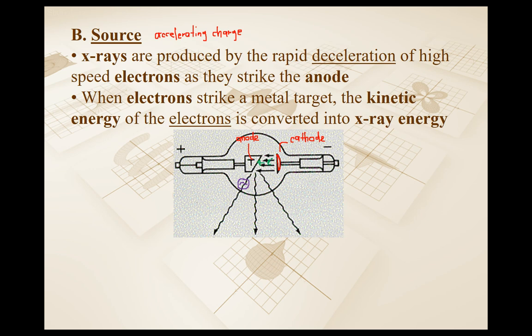If you have a second, and by the way, there's going to be way more than one electron going across the tube, but if you have another electron go across the tube, I suppose, increase the intensity of electrons going across the tube, then we would produce another X-ray photon. Okay, so each electron produces one X-ray photon.